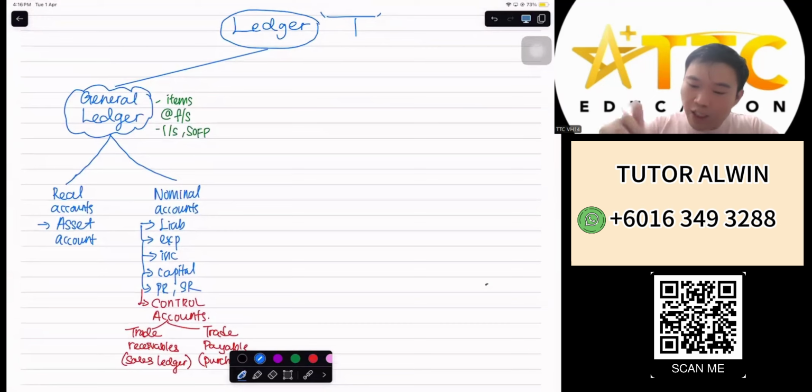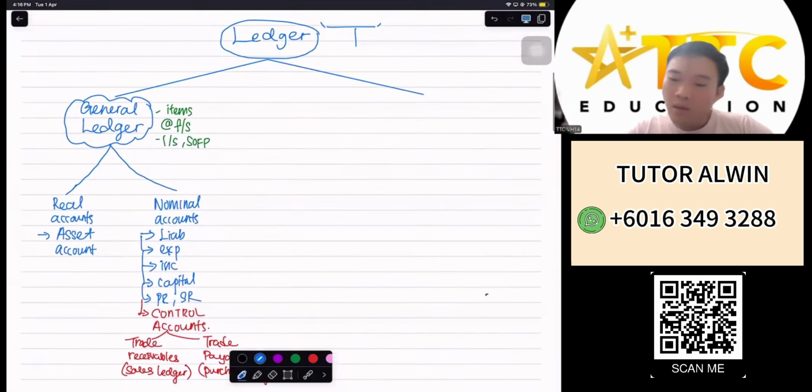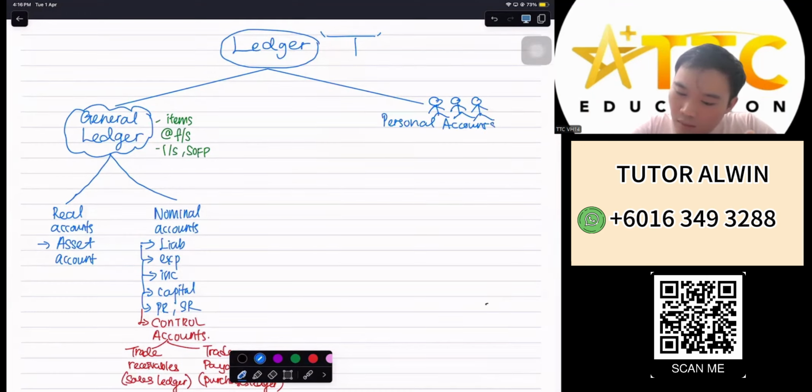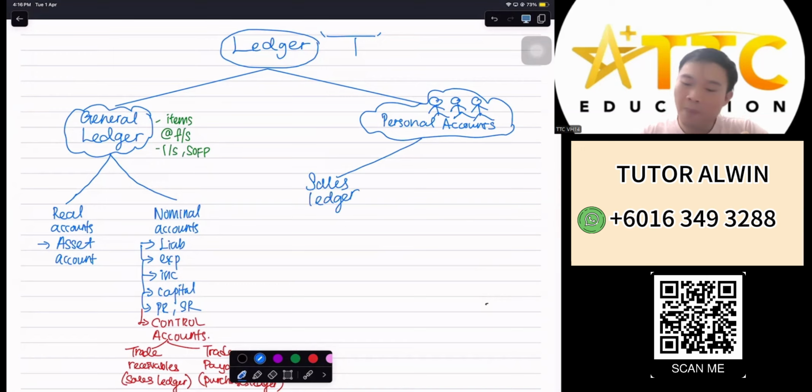Now, another part of the ledger, we have another 2 more books. We can separate into 2 books because we have a lot of stuff. This is called the personal accounts, in which we have the sales ledger and we also have the purchases ledger.